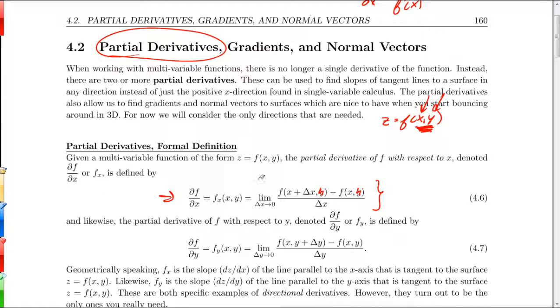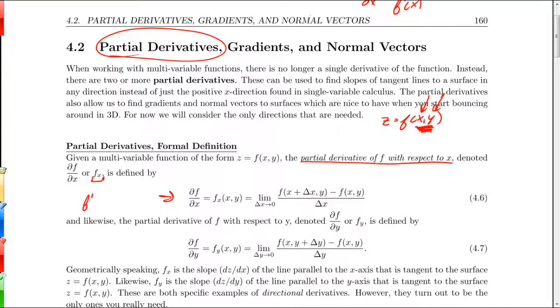But now, since I have two variables, this is called the partial derivative of f with respect to x. It's denoted with this partial symbol, it's not the same d, df dx, right? The partial derivative symbol. And that's also sometimes denoted f sub x.